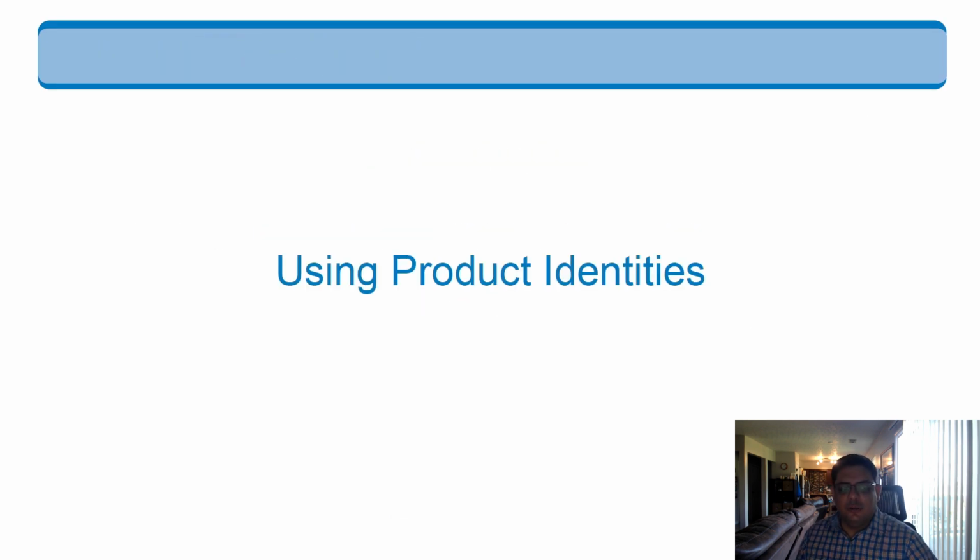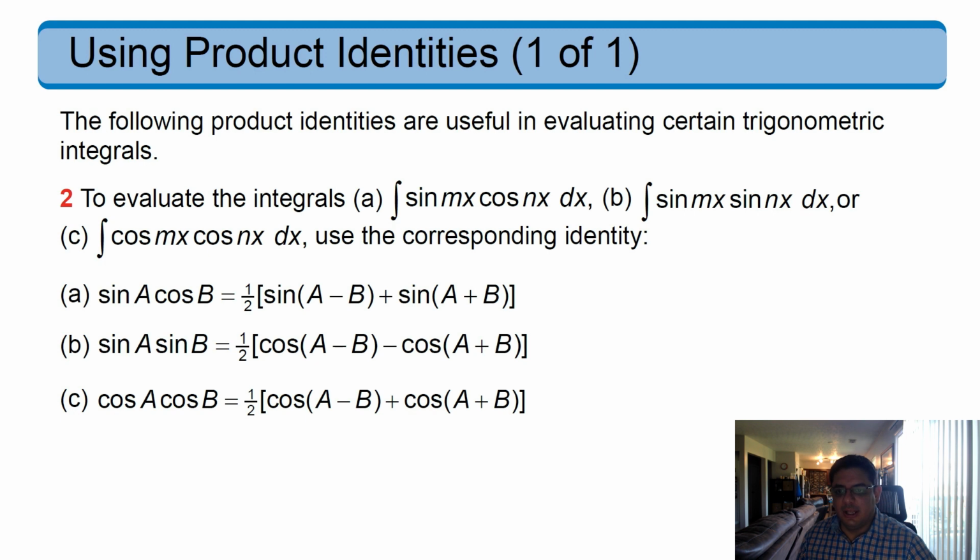Now let's talk about using product identities. Depending on the trigonometric integral that you have, you might want to use trigonometric identities to simplify some of the different combinations that we have. We're going to have integrals of the type sine of mx times cosine of nx, or sine of mx multiplied by sine of a different angle nx, or cosine of mx times cosine of nx.